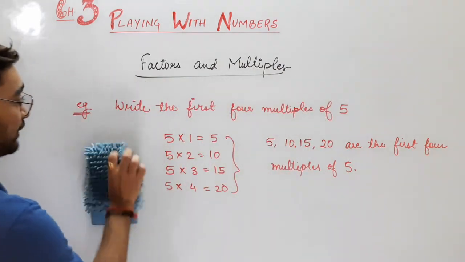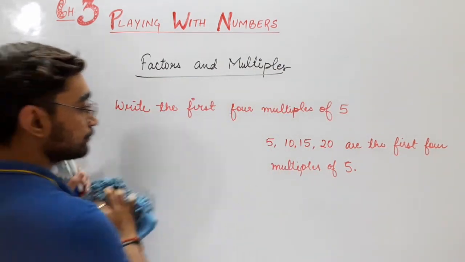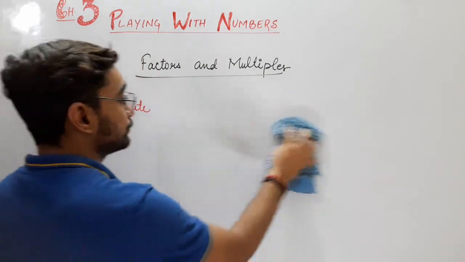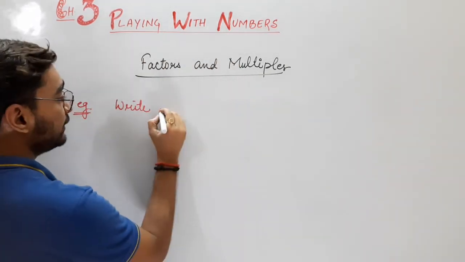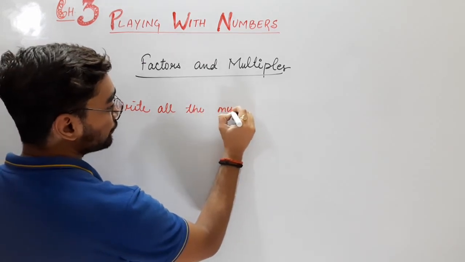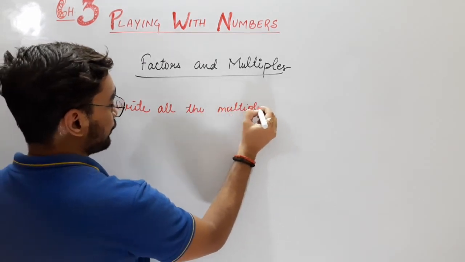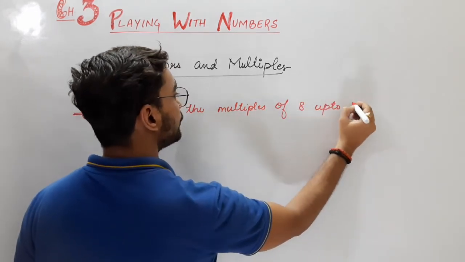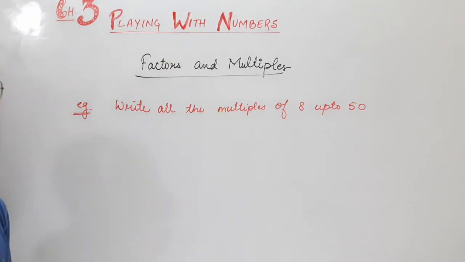Take one more example. If I am saying, write all the multiples of 8 up to 50. Write all the multiples of 8 up to 50 means what?